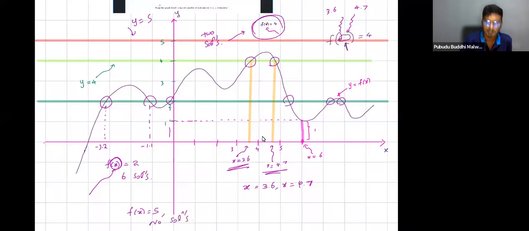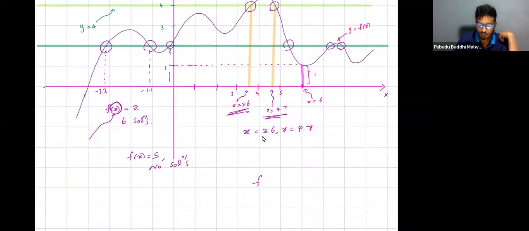So intersection points are quite important. Now, sometimes there can be questions like this: f of x equals L. What are the possible L values to get this many solutions?